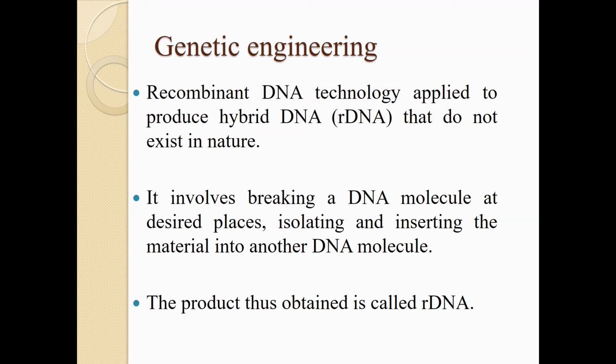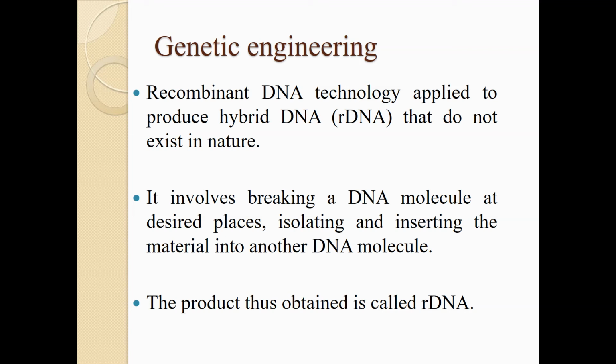If we replicate our normal human cell, the replication or expression will be somewhat less in eukaryotes than in prokaryotes. So if we want a large number of insulin proteins, we first isolate the insulin gene from the human DNA. Then this insulin gene is isolated and inserted into another DNA molecule.